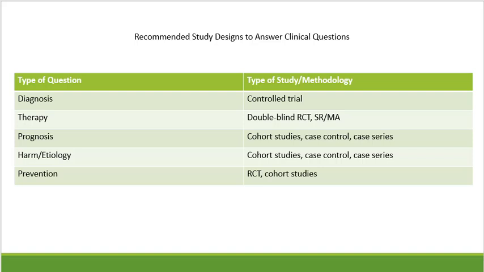With a systematic review, ideally you would focus on randomized controlled trials. With a scoping review, that usually means it's a relatively new topic. There might not be a lot of randomized control trials. And so you may need to go to evidence that's lower on the hierarchy.